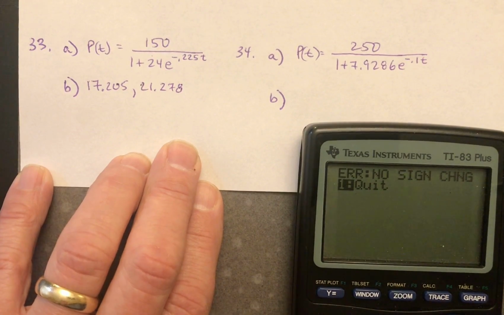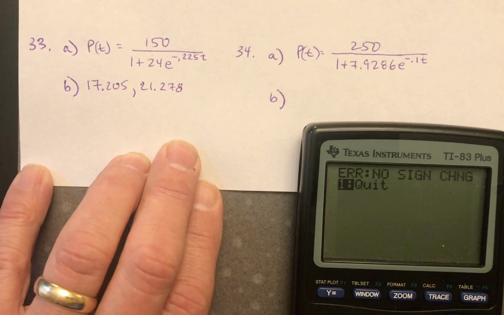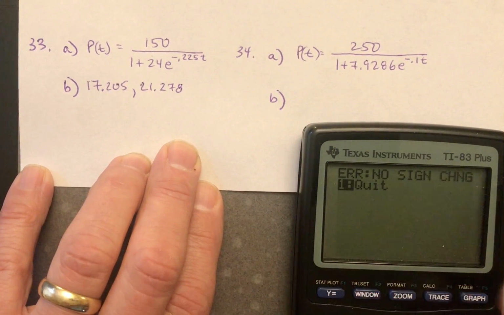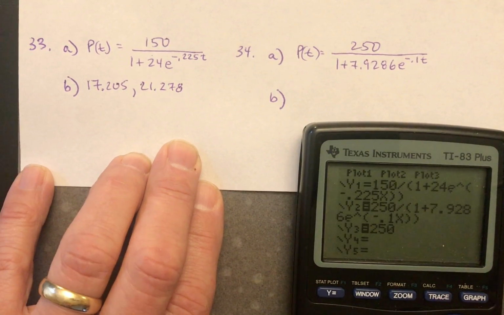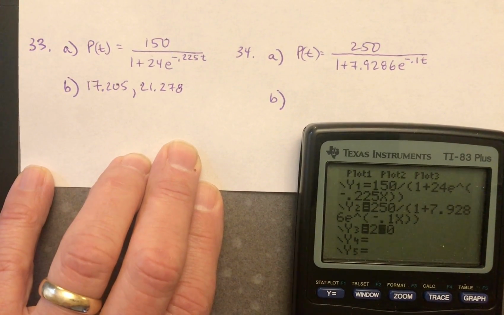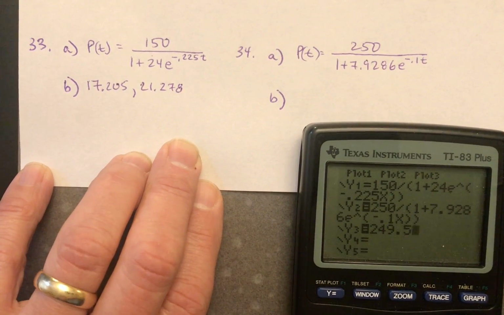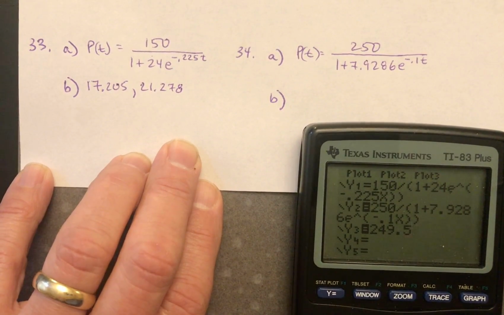And what's happening is that 250 does not intersect the graph because it's a horizontal asymptote. So I'm going to cheat slightly here, and I'm going to go to that 250, and I'm going to change it to 249.5.